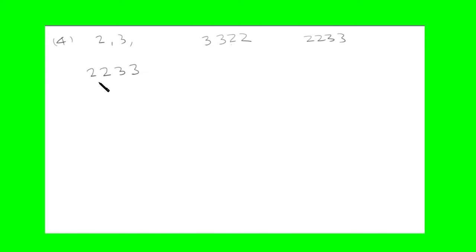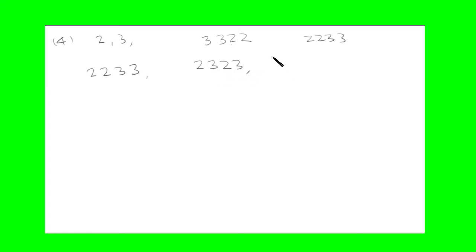Now if we have to make the next greater number than this, if we interchange 3 and 3, it is not going to make any difference. So what we have to do is 2, 3, 2, 3. It will be our next smallest number.